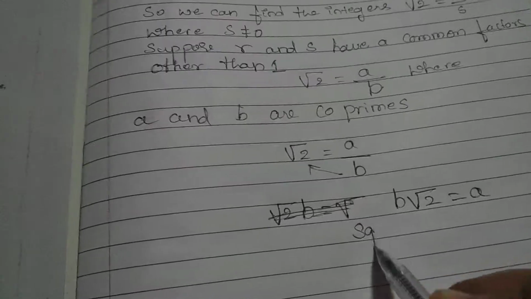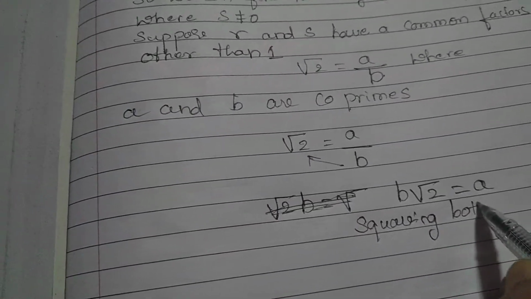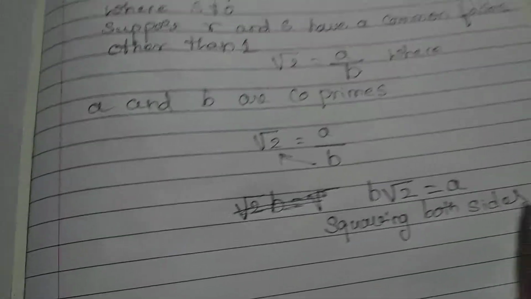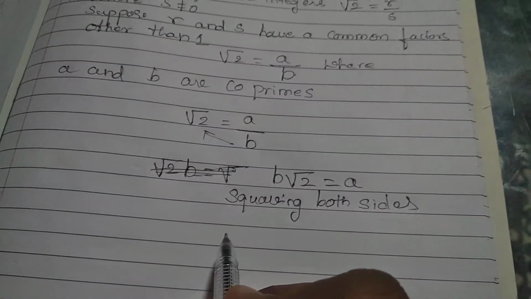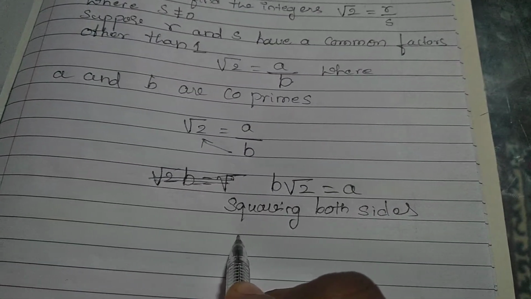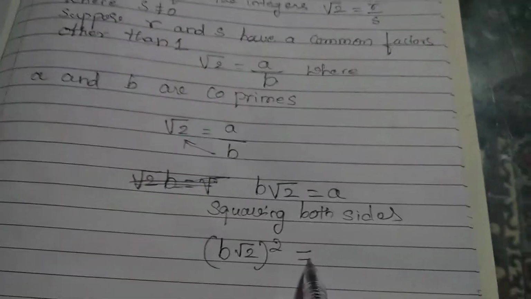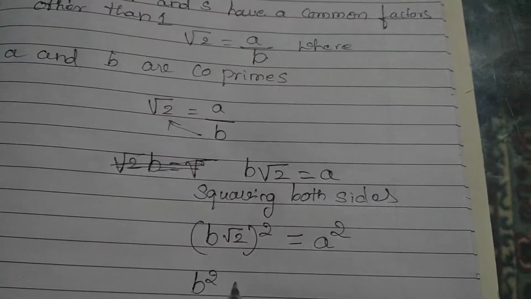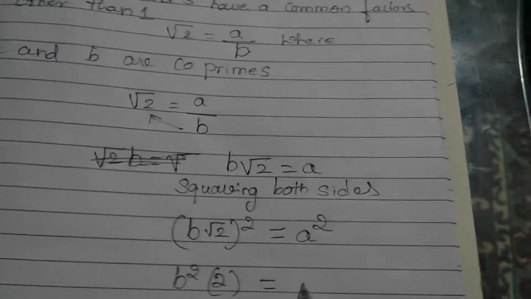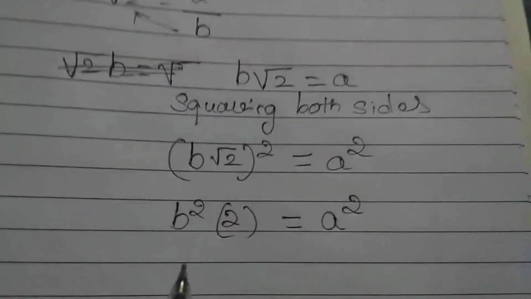Squaring both sides, b root 2 whole square is equal to a square. b square into 2 is equal to a square. Got it?